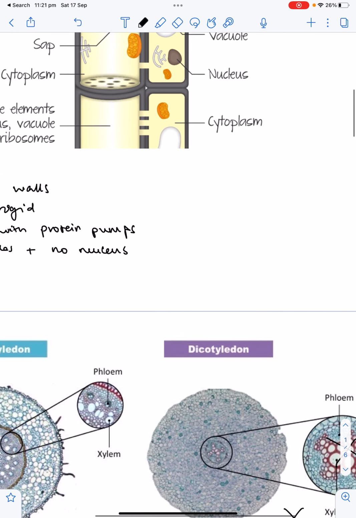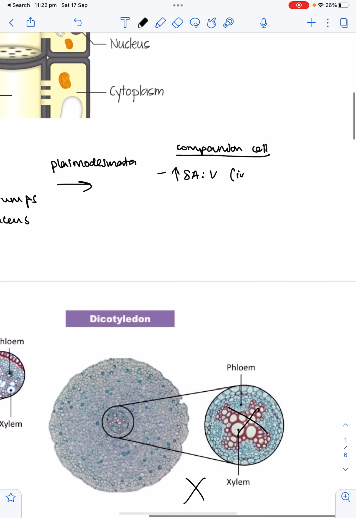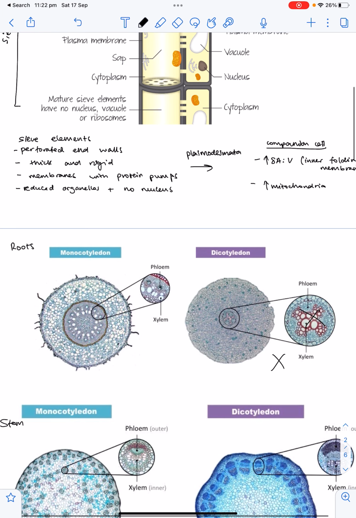They're connected to the companion cell via plasmodesmata. And the companion cell has high SA to V ratio due to inner folding membrane. They also have lots of mitochondria. Okay, I hope that makes sense.